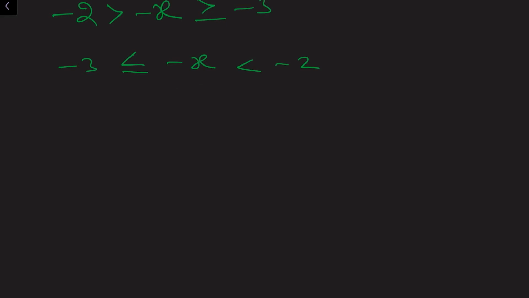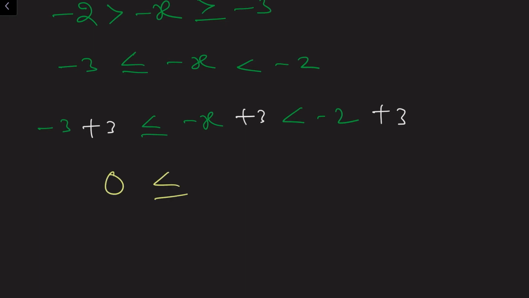That will become minus 3 plus 3 less than or equals to minus x plus 3 less than minus 2 plus 3. First term minus 3 plus 3 will become 0, less than or equals to minus x plus 3, which can be written as 3 minus x, less than minus 2 plus 3 is 1.